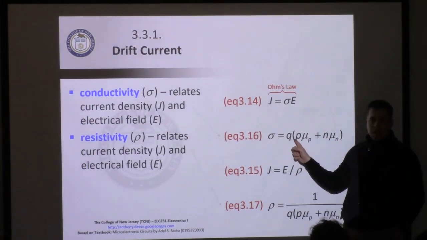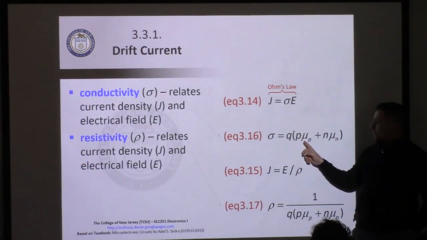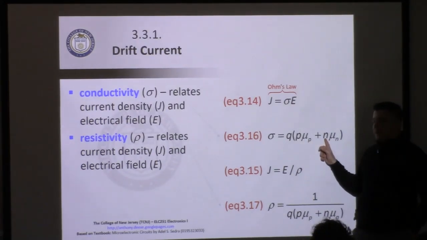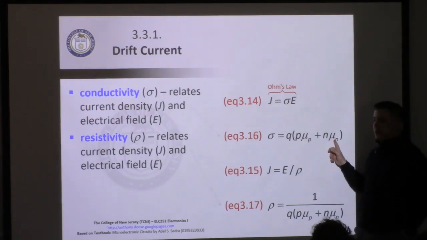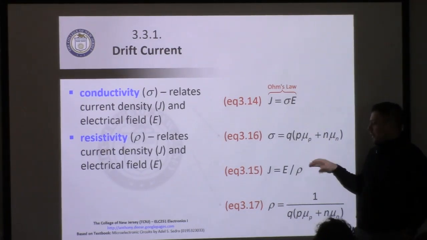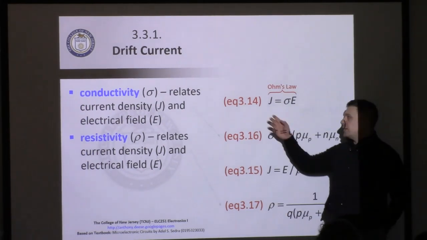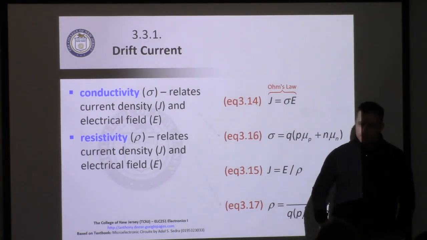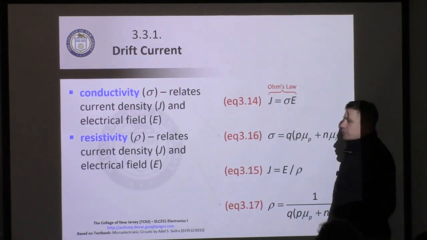P, concentration of the hole charge carriers. Mu P, mobility of holes. N, concentration of the free electron charge carriers. Mu N, the mobility of the electrons. And then the last two equations are just a definition of resistivity as opposed to conductivity. So this is talking about drift current.